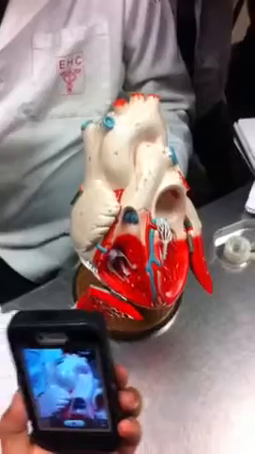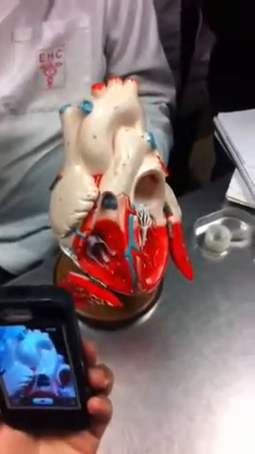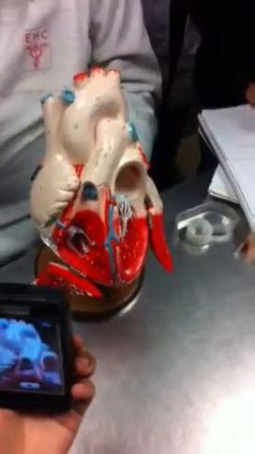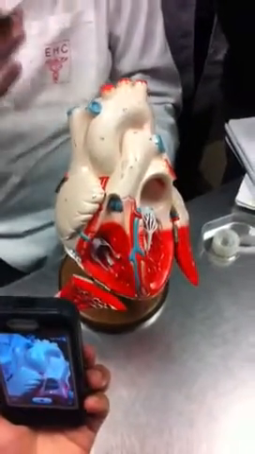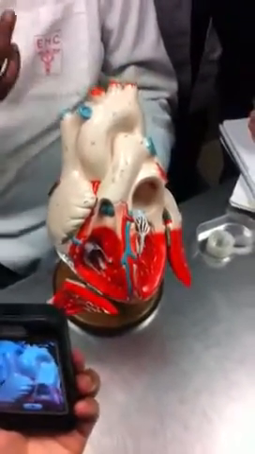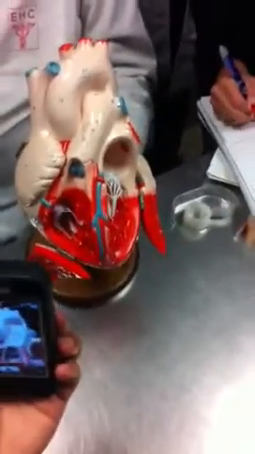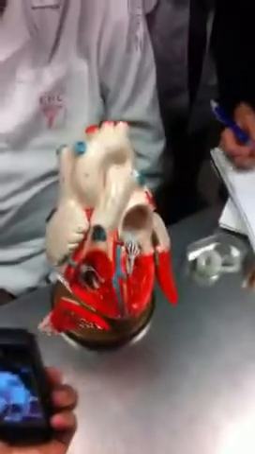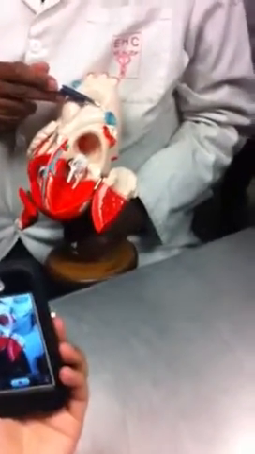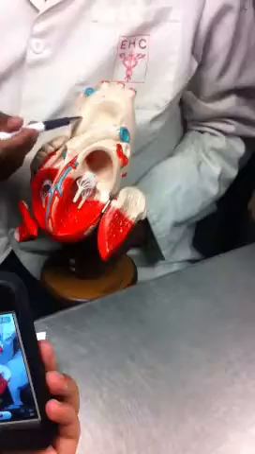In utero, the ductus arteriosus is open, and what this will do is shunt blood away from the lungs. Remember, blood does not need to go to the lungs in utero because the blood is oxygenated in the placenta.